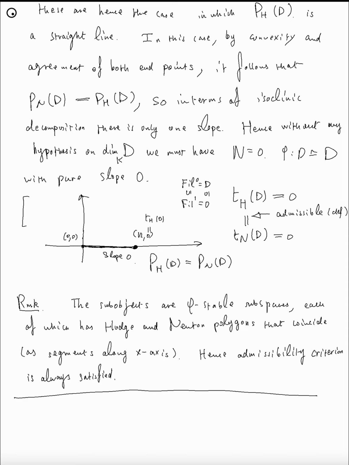Because this x is just the dimension of D, everything is compressed to a segment. And the criterion for admissible is to check that for any submodule, this Newton number is always above or on the Hodge number. It's equivalent, by the proposition we described, to check the endpoints of the polygon for each submodule, which is equivalent to checking that the polygon itself lines up.